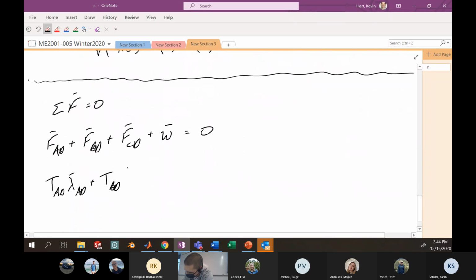So here I'll write TBD negative J hat plus TCD lambda CD. And then just to put a cap on this, this is minus my weight of this guy. Let's just do plus 20 pounds, and this is a negative K hat. We'll be very clear about the magnitudes and directions being separate for now.